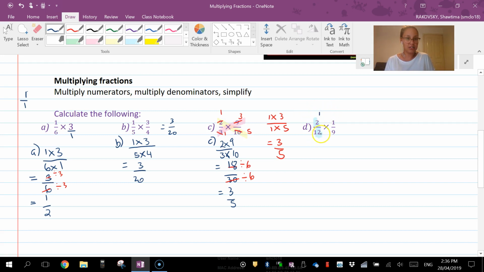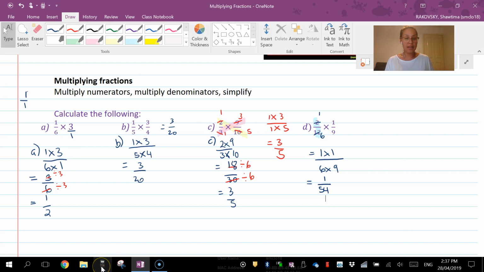So it's going to give us 1/6, and then our new multiplication is going to be 1 times 1 over 6 times 9, which gives us 1 over 54. And we can't go any further. So that is what we're looking at there.